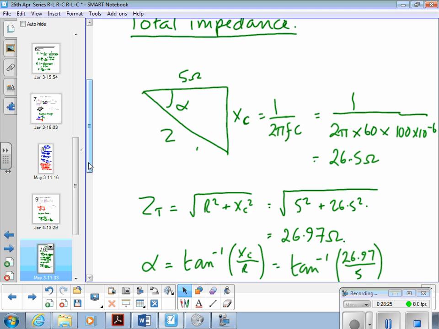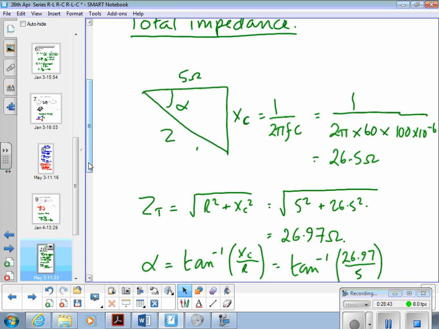If I make f 120 instead of 60, what's going to happen to the value of XC? Smaller. I'm glad you didn't say half, because it won't be half, right? But it will be smaller.